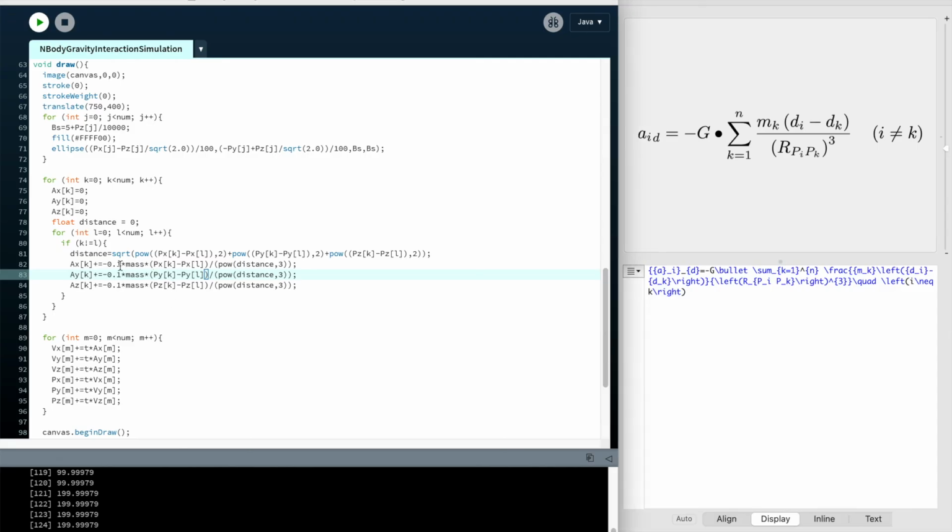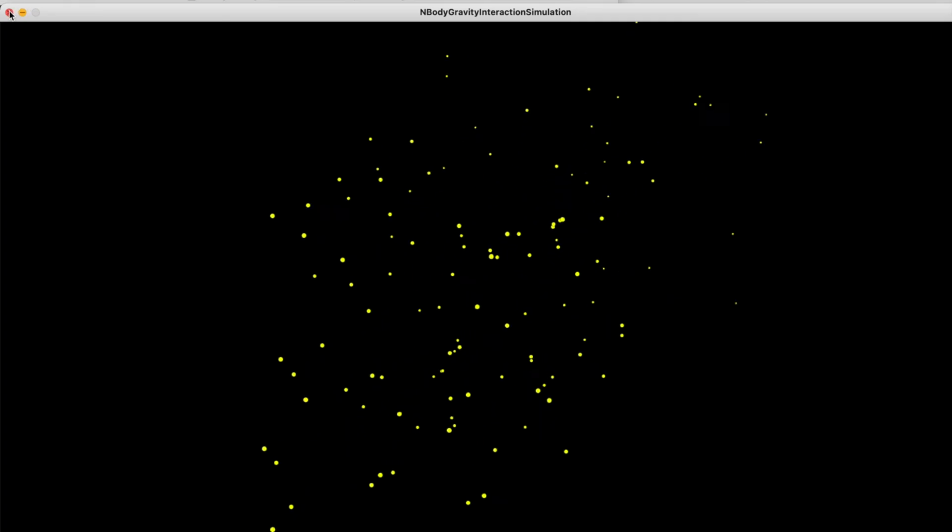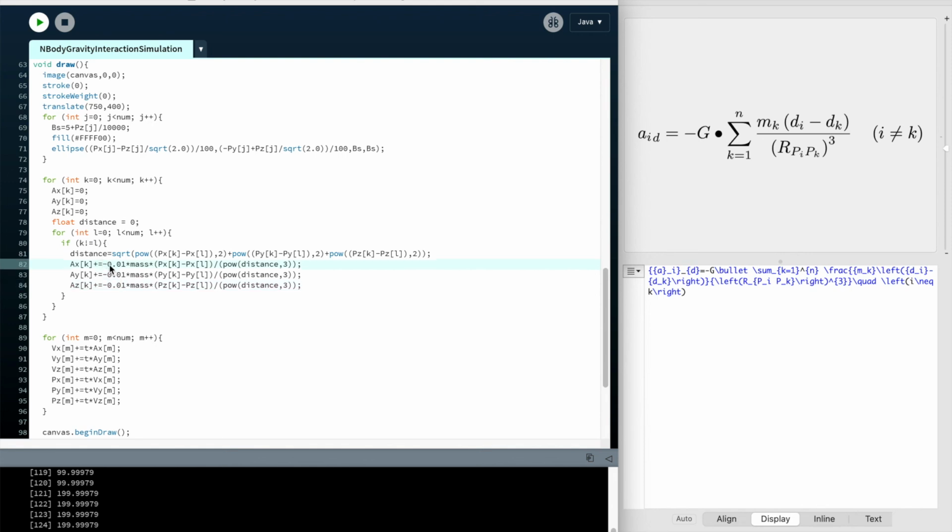Was it still too big? Or is it the problem of the minus? I don't think so.